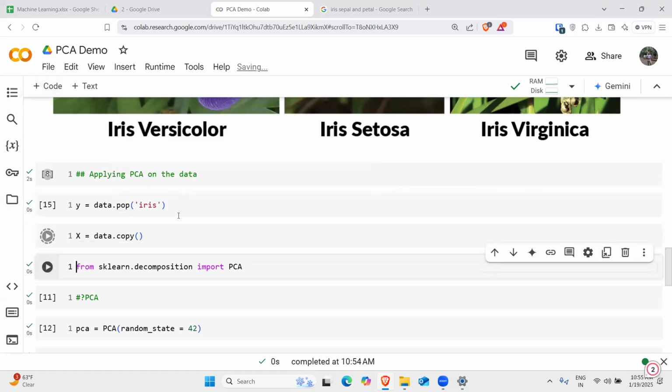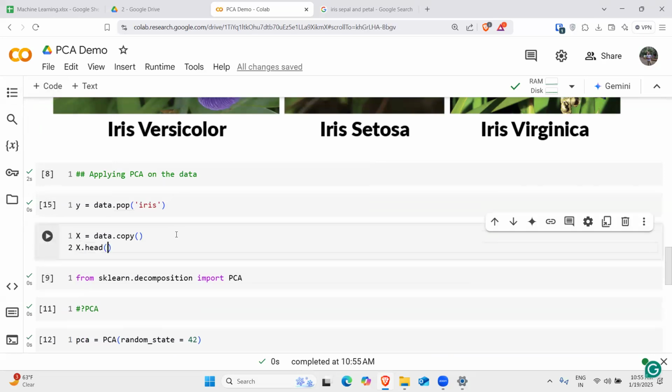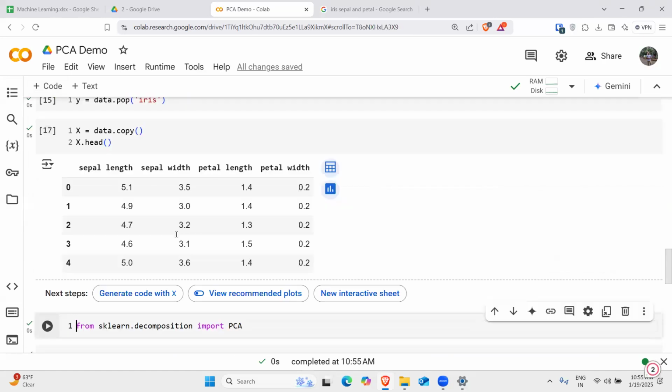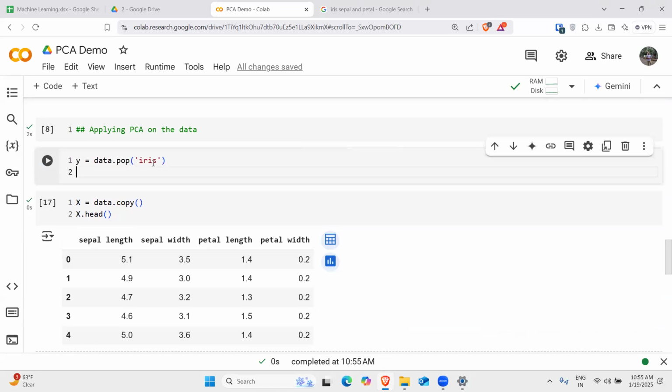If you check what is there in X, this is your X, right? And Y is this. If you check what is there in Y, we'll get this.